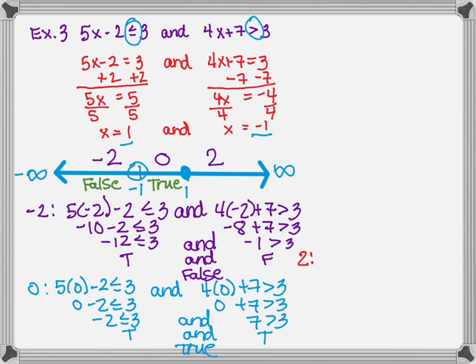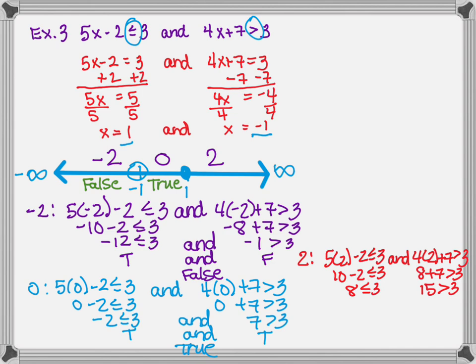Let's test the 2. Substituting in, 5 times 2 minus 2 is less than or equal to 3, and 4 times 2 plus 7 greater than 3. This becomes 10 minus 2 less than or equal to 3, which becomes 8 less than or equal to 3. The second one becomes 8 plus 7 greater than 3, or 15 greater than 3.